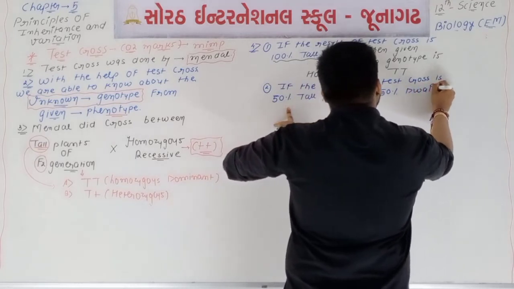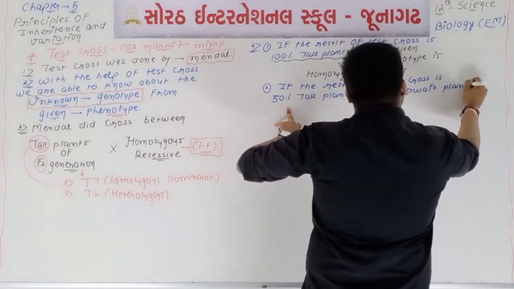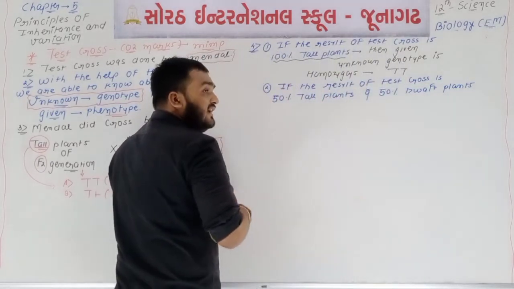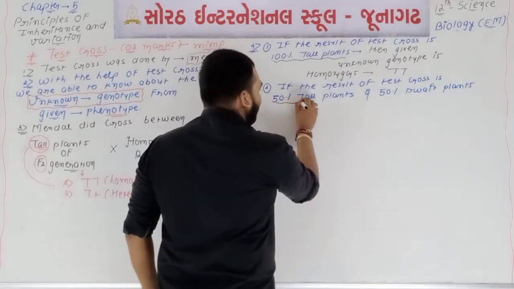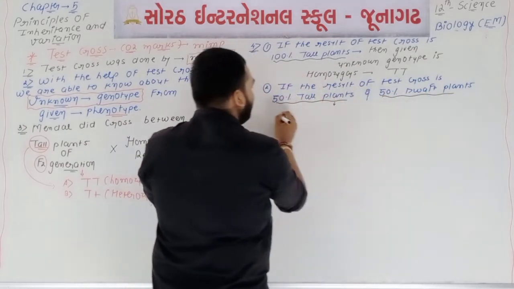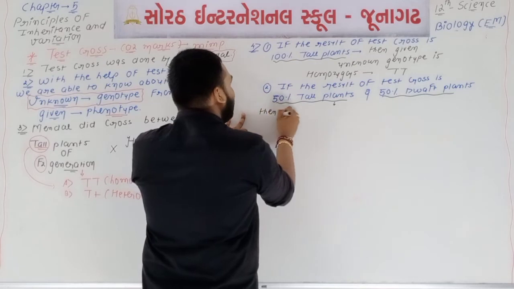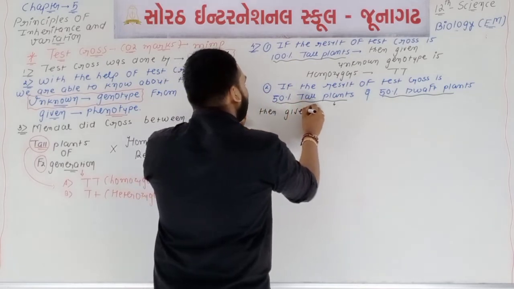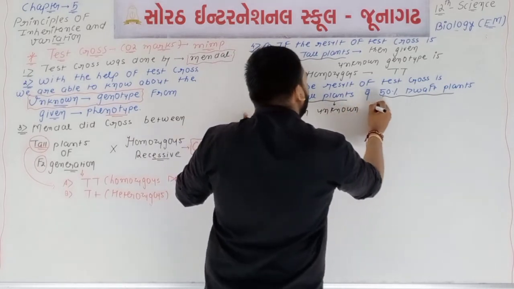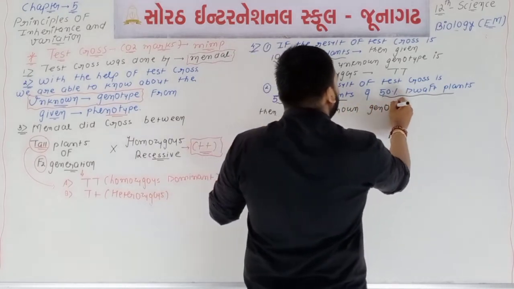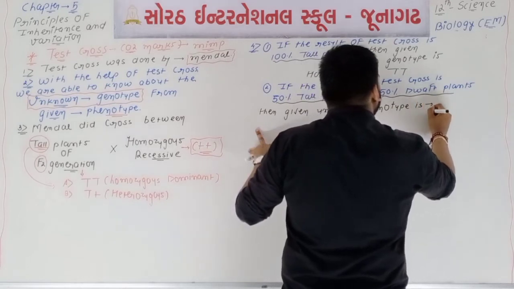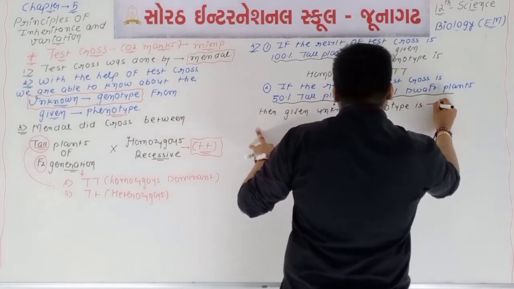See, again we are writing only phenotype. We are focusing only on the phenotype. If this type of result is there, then the given unknown genotype is heterozygous.